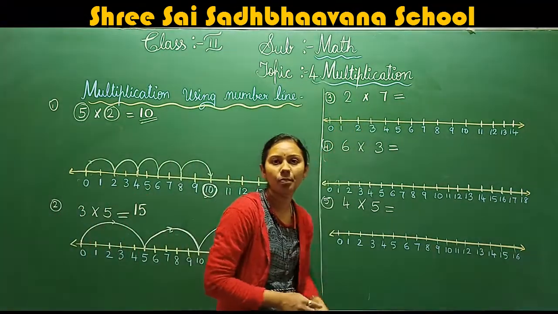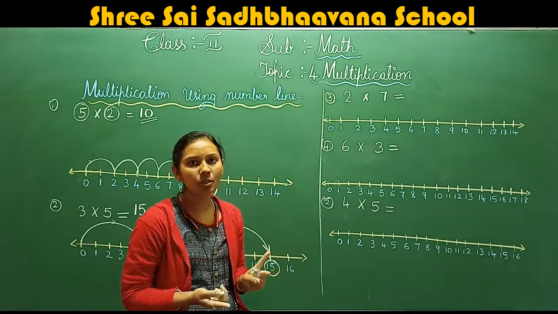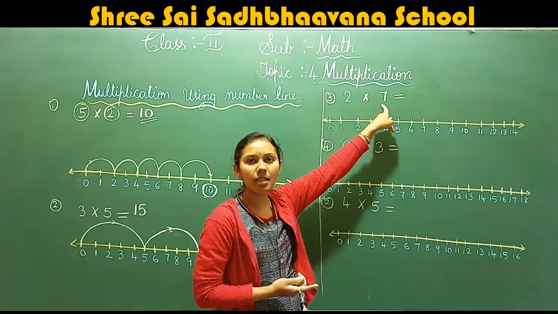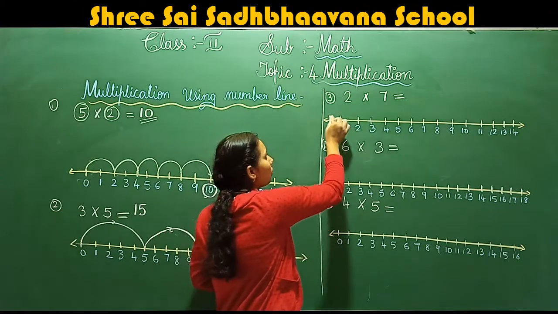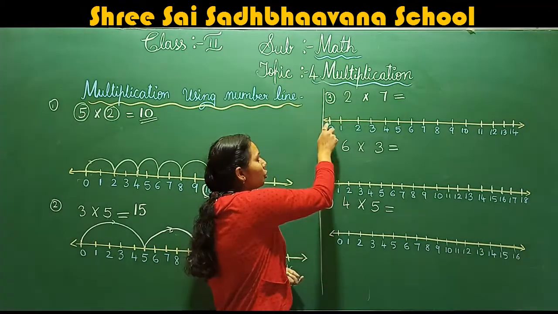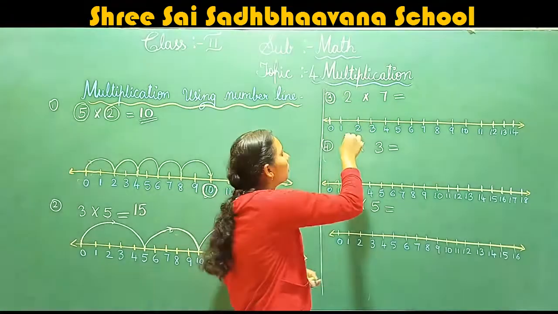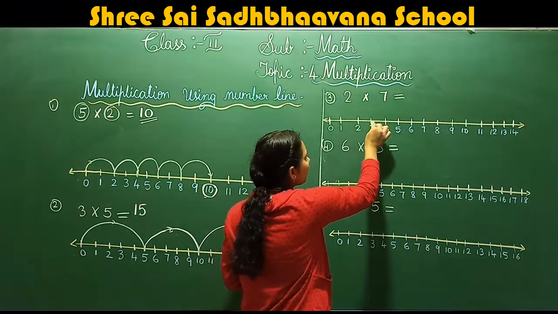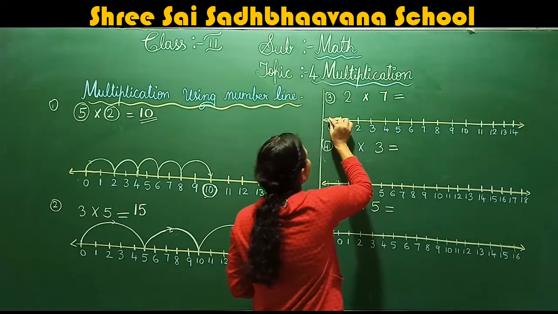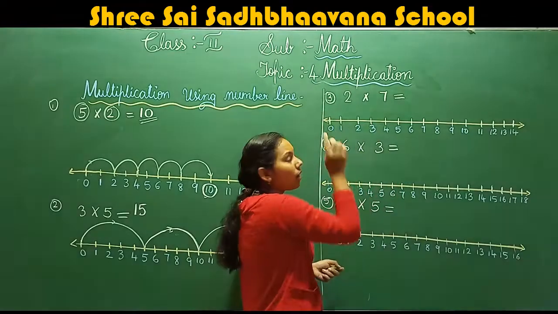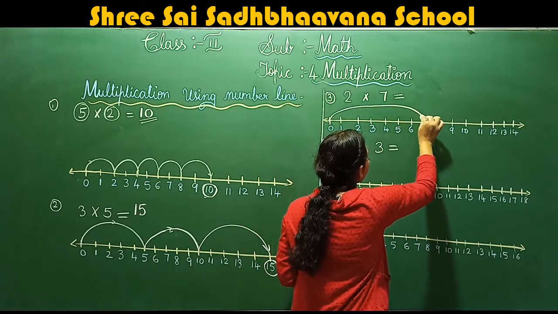Okay. Let us do one more sum now. 2 cross 7. That means 2 times you are going to jump. How many numbers you are going to jump? 7 numbers. Let us see how now. We are going to start with 0. How many numbers you have to skip? 1, 2, 3, 4, 5, 6, 7. So here one time we are going to jump 0 to 7.